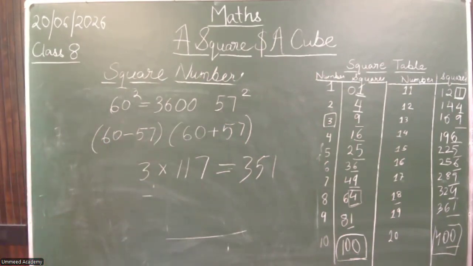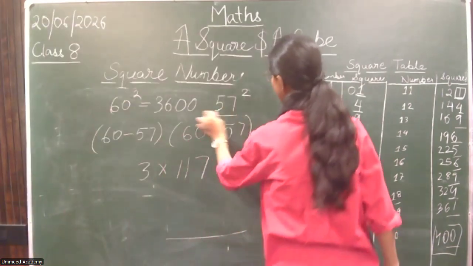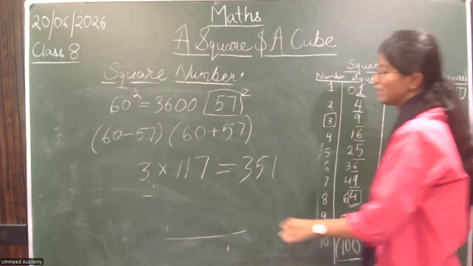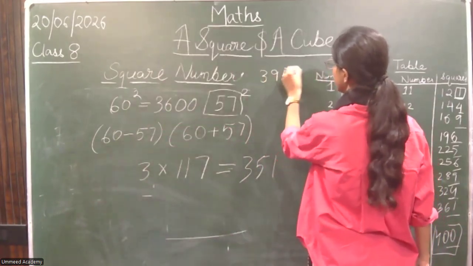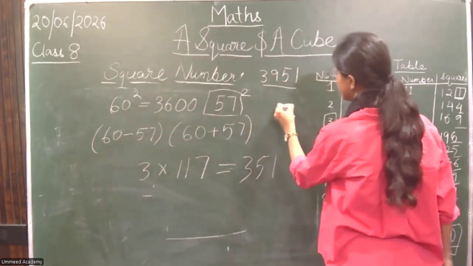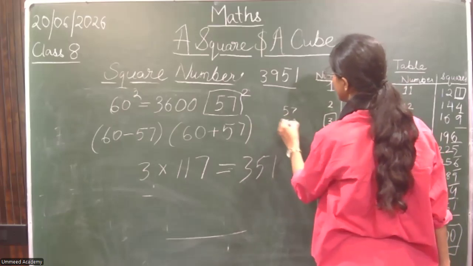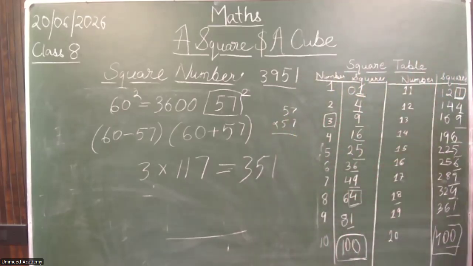Miss, 3951. 3951. Okay. Now just square this and check whether we are getting 3951. What is your answer? 3951. Square 57. Do 57 into 57 and tell me what you are getting as the answer. Are you getting 3951?